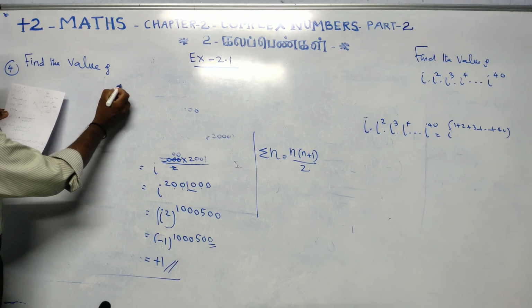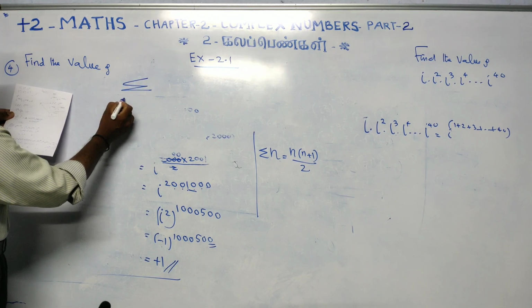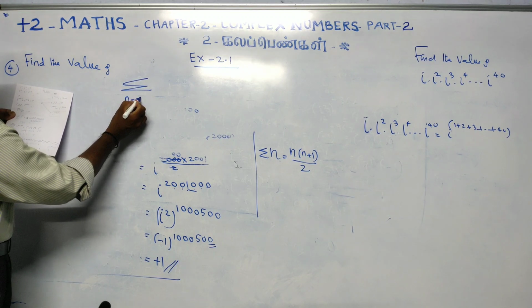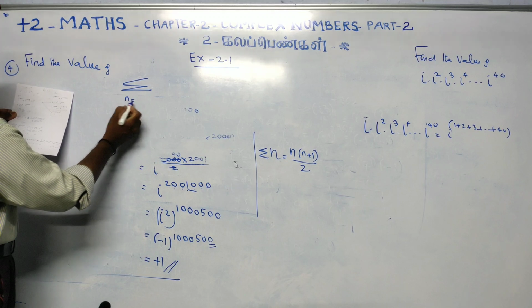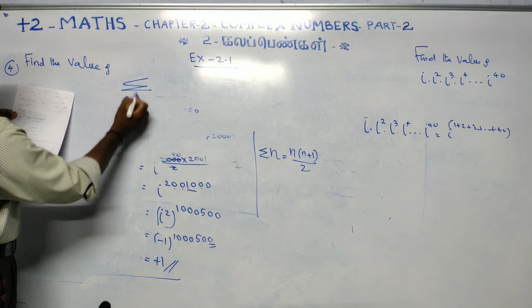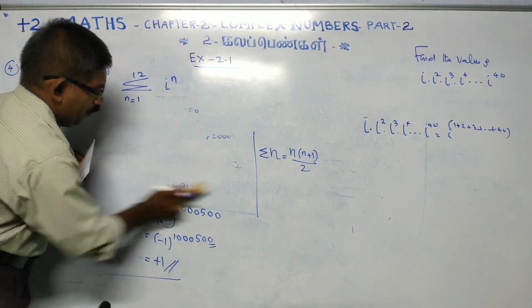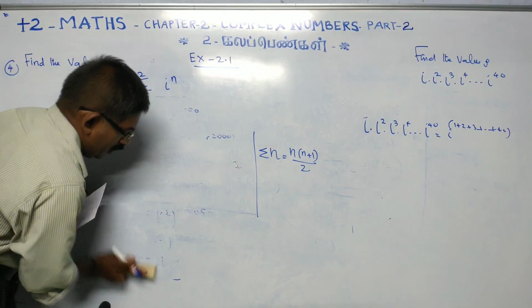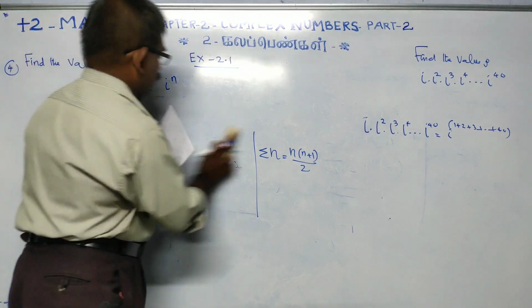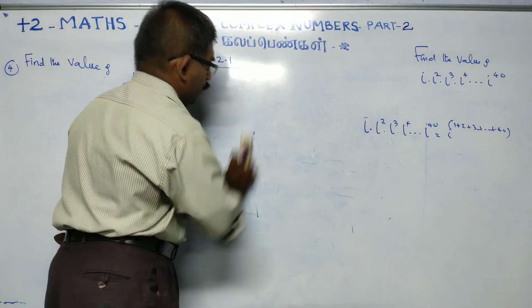Find the value of sigma n equal to 1 to 12 i power n. How can we do the problem?